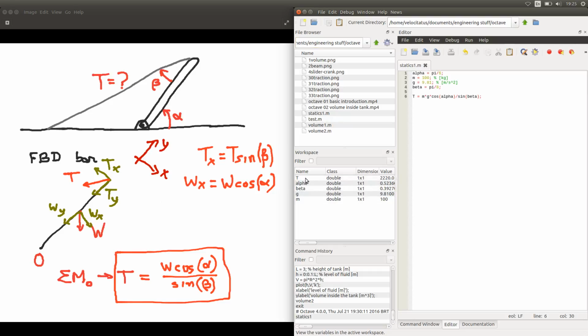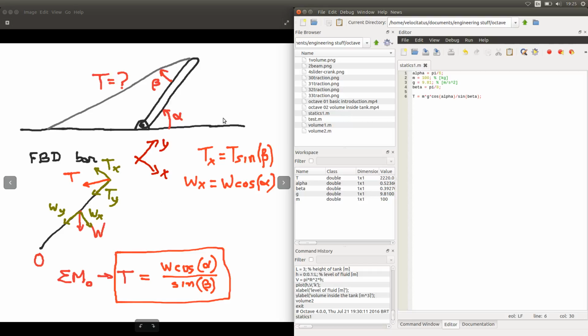But we can make this a bit more interesting if we think of this problem as someone trying to hoist this bar by this cable being fixed here. Maybe you're rolling up this cable at this point and bringing up this bar.